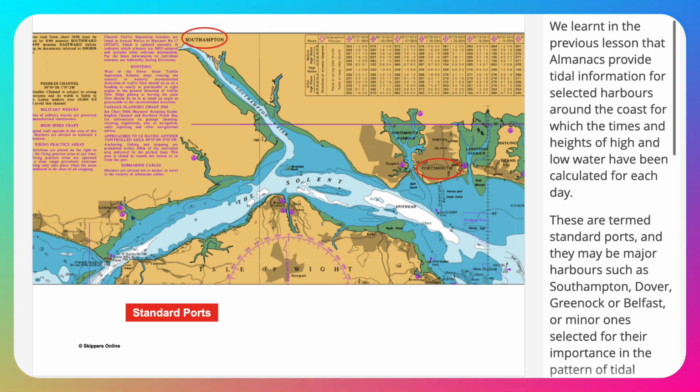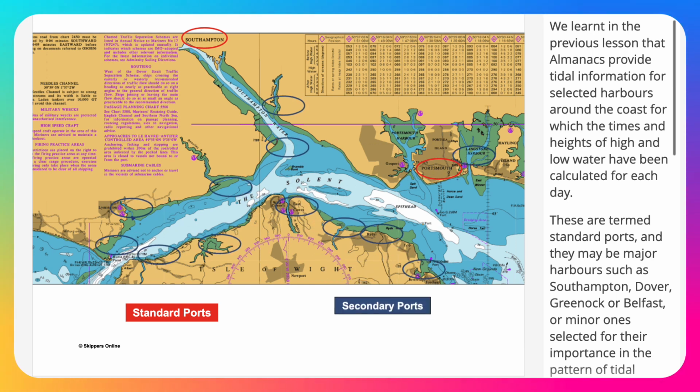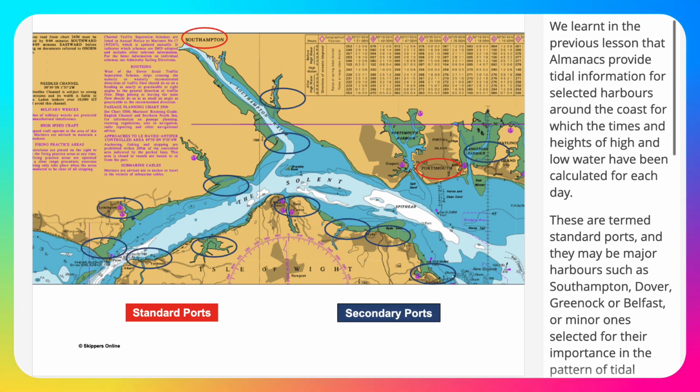Almanacs don't have the space to give full tide tables for all of the hundreds of small so-called secondary ports around the coast. These secondary ports don't have a tide table or a tidal curve in the almanac, but instead difference tables are published that enable you to calculate and apply corrections to the times and heights for the associated standard port.